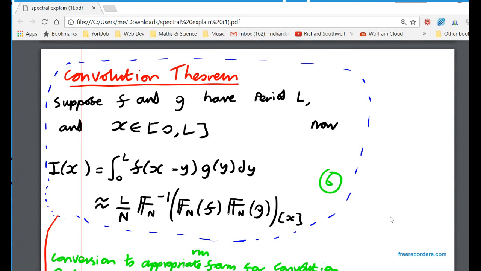But once we've got it, there's a fast way we can evaluate the values of this integral over all of our grid points, x j, between 0 and L, and we can find out what it is at all of those grid points in one stroke. So basically it's given by this formula here.